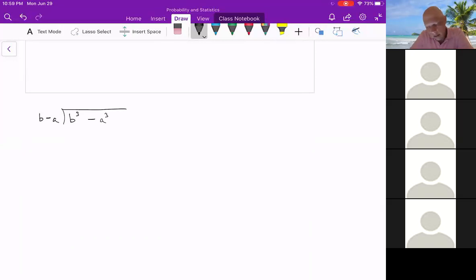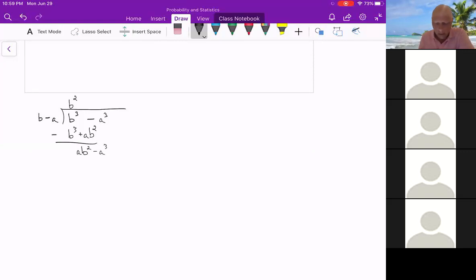I'm going to do long division. So b minus a going into b cubed, I know that's going to be a b squared. When I multiply through, this gives me b cubed minus a b squared. I want to subtract this from above. The b cubes disappear, and I've got a b squared minus a cubed.